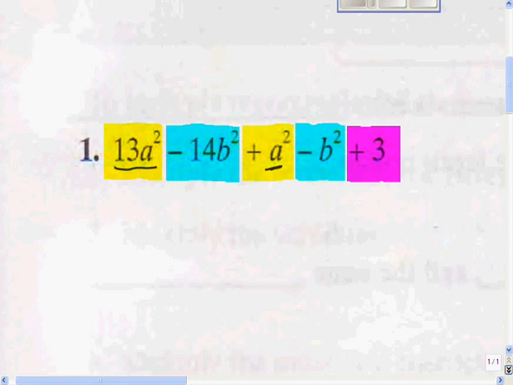So we've color coordinated here. All the yellows I'm going to combine, all the blues I'm going to combine, and since there's nothing to combine with the purple, it's just going to stay the way it is.